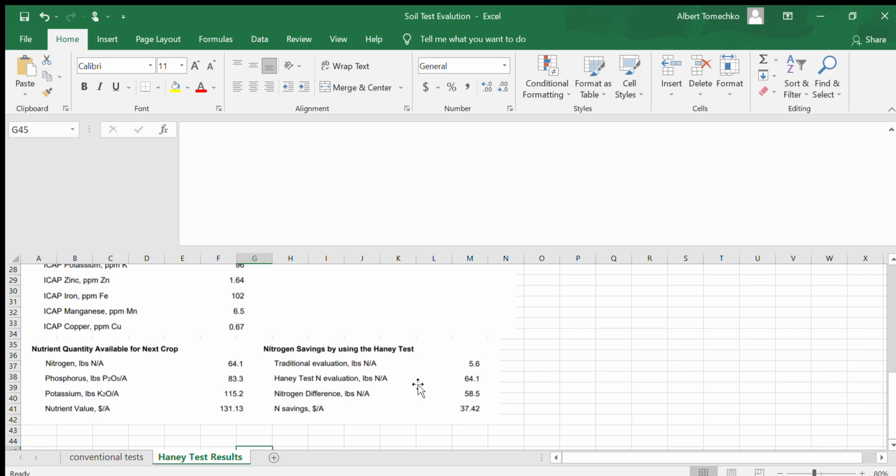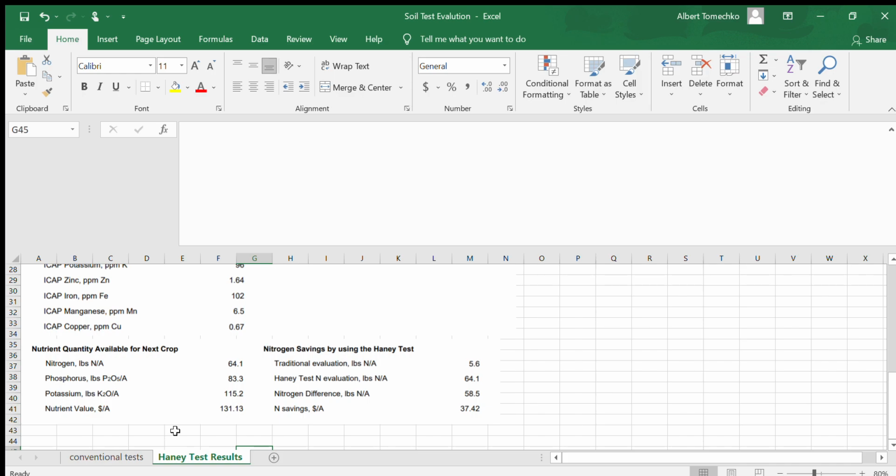What this tells you is your organic plus your inorganic plus the release of nutrients that are expected to be plant available for your next crop. This is assuming that we took this right before I had planted my tomato crop or pepper crop, etc. This is what is available per acre.